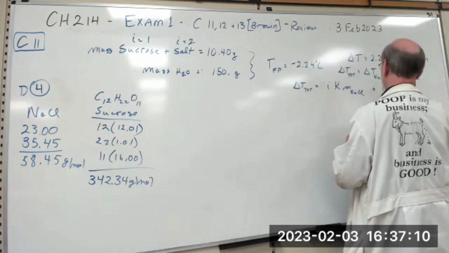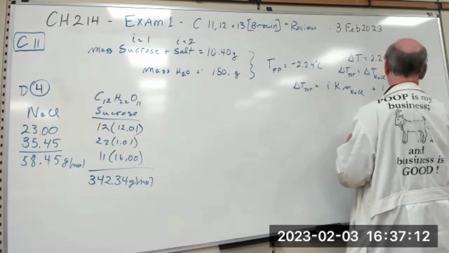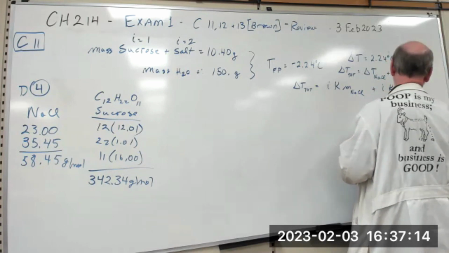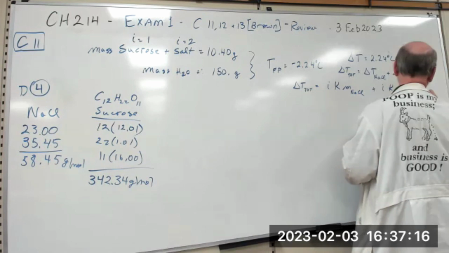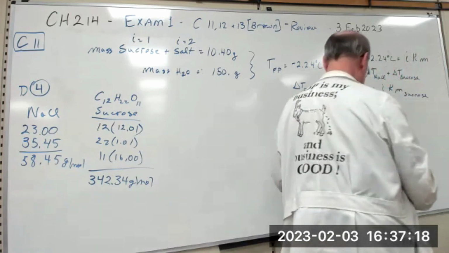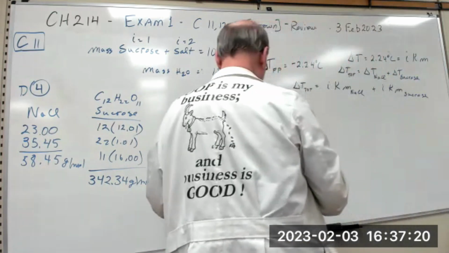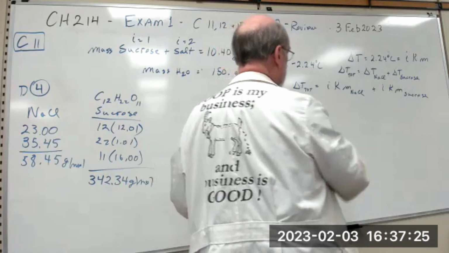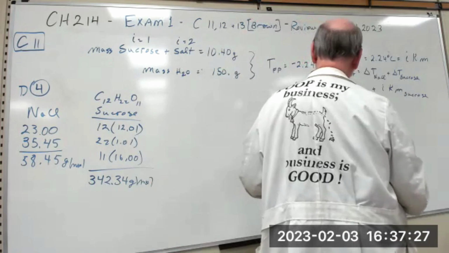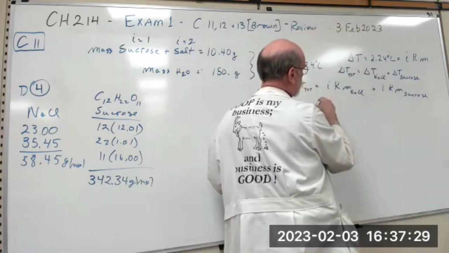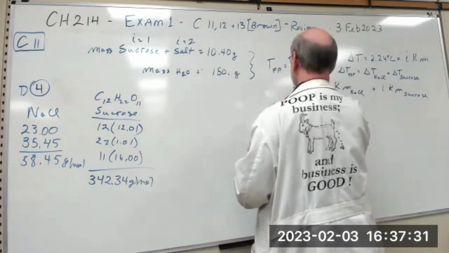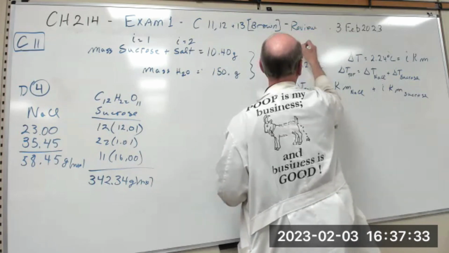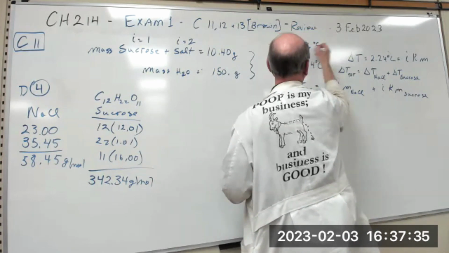The i for sucrose times the K, which will be the same value, and then the molality of the sucrose. All right. So we can fill in some values here. What's the K value for water? It's 1.86 degrees C per molal.